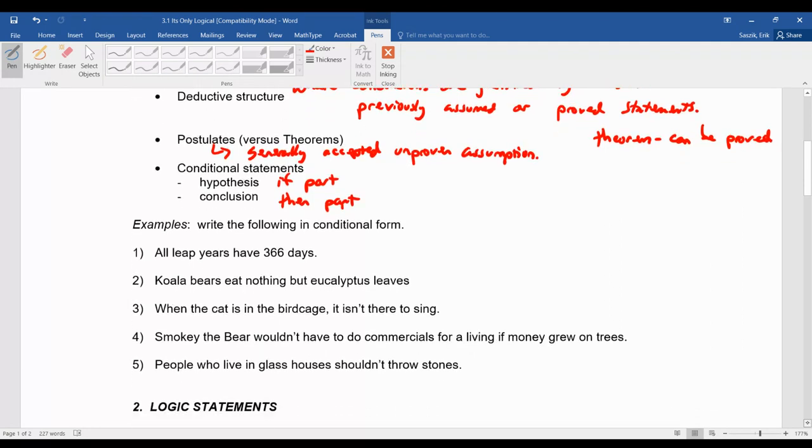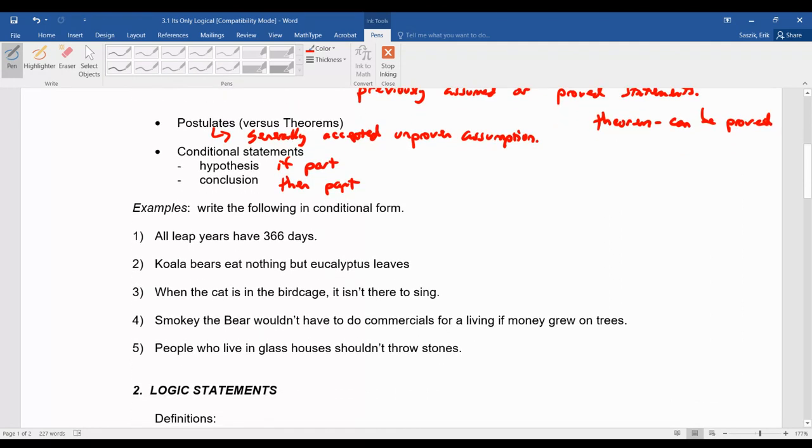Now down here, you're asked to rewrite all of these statements in conditional form. It's really a little bit too easy. I'll just do one of them. All leap years have 366 days. We could rewrite that like if a year is a leap year, then it has 366 days. Okay? So you just get the idea.